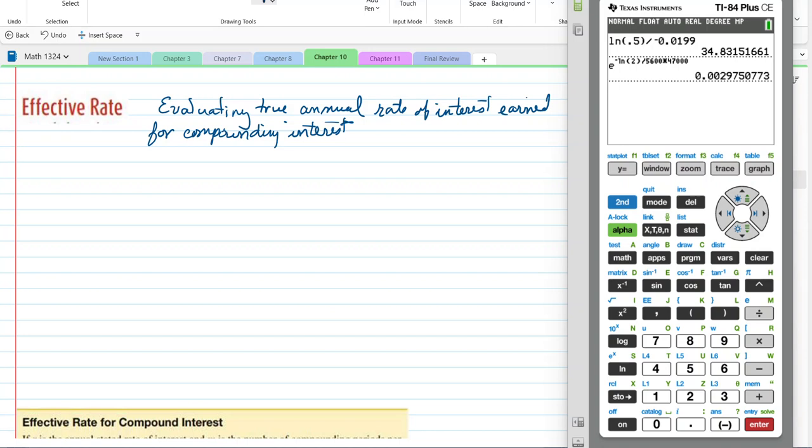All right. So let's talk about simple interest. Simple interest is calculated by the formula A, future value, equals principal times 1 plus RT.